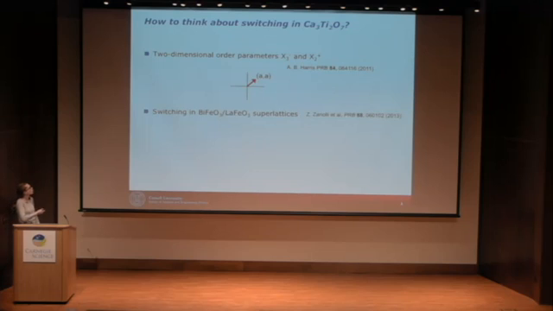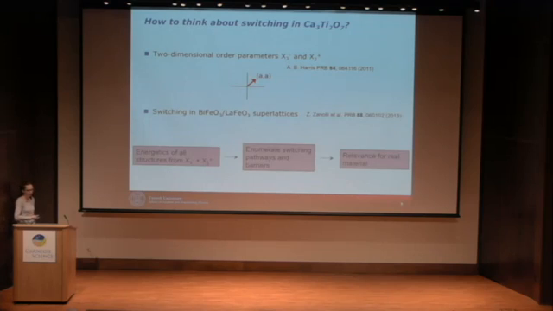Specifically, we'll be looking at the two-dimensional order parameters, X3 minus and X2 plus, for these octahedral rotations. These are formally two-dimensional quantities, although some previous works have treated them one-dimensionally. And so you can think of these order parameters now as like a vector in a two-dimensional order parameter space. Such an approach has been used previously to study switching in bismuth ferrite-lanthanum ferrite superlattices.